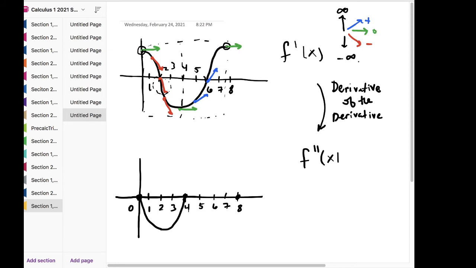It's kind of poorly drawn, but it's increasing. Yeah, the derivative is the slope, good. And then it comes back to flatten out.